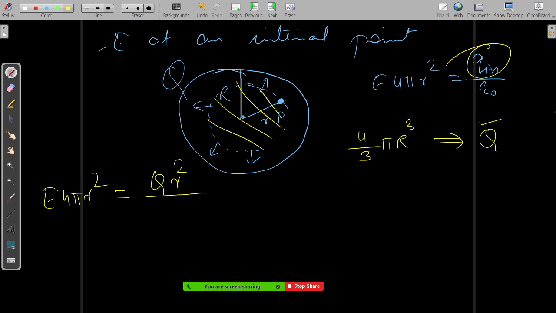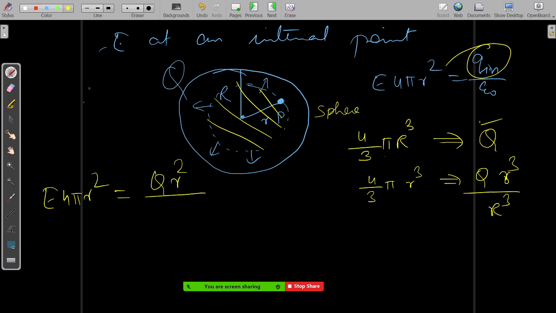Flux is calculated through an area, so we cannot just distribute the charge through an area. The charge has been distributed throughout the volume of the sphere, which is three-dimensional. So for 4 by 3 pi capital R cube, the charge is Q. For small r cube, in the similar way, it becomes this much, divided by this and multiplied by this.